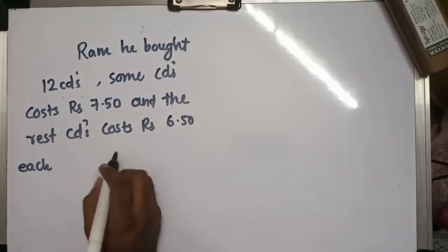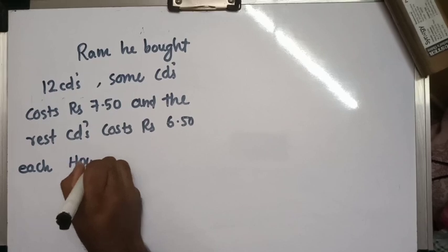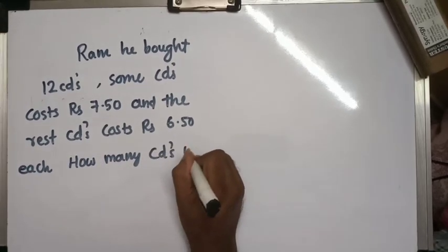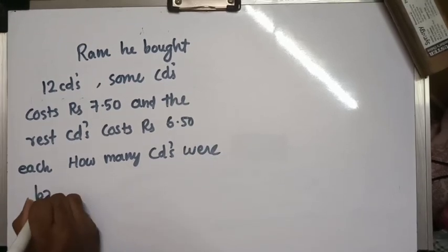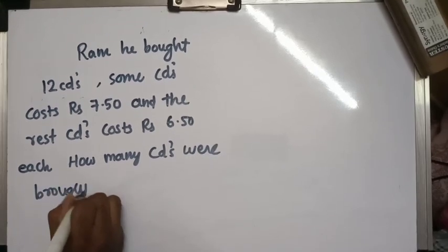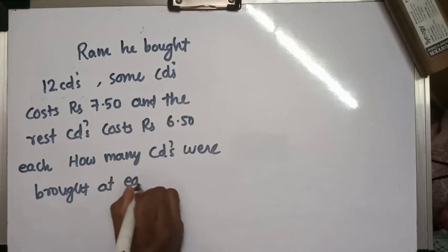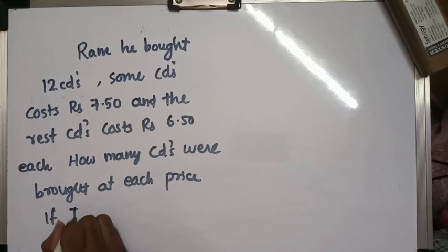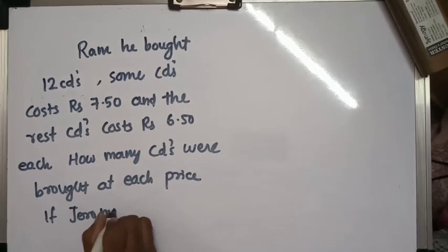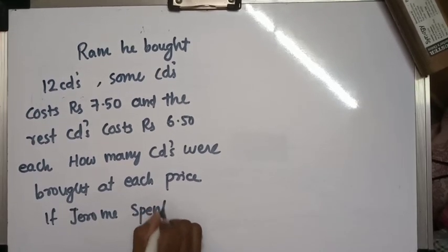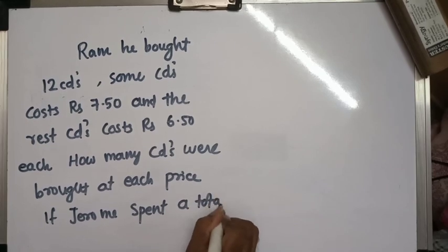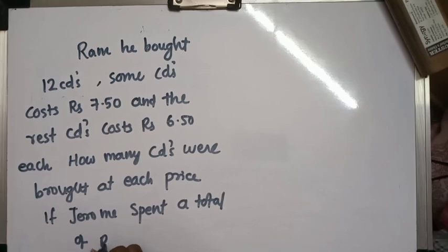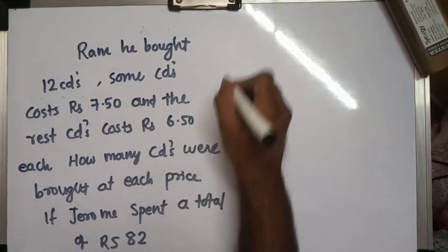Okay children, so how many CDs were bought at each price if Jerome spent a total of rupees 82?